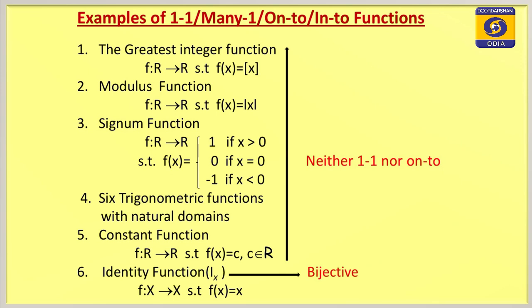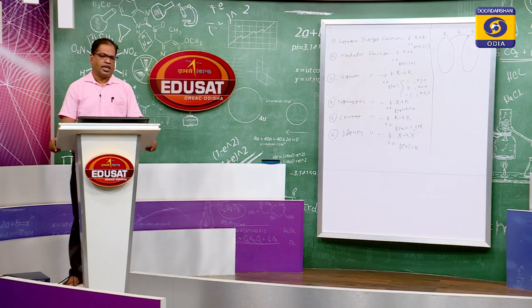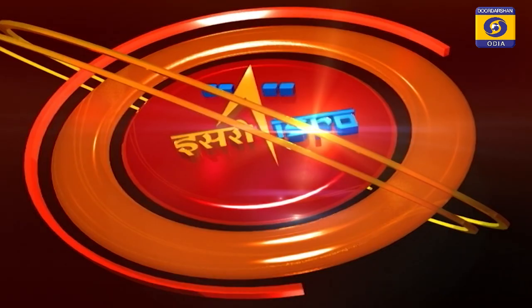And the fourth is the six trigonometric functions with natural domains. Natural domain means we have taken the domain as R. The fifth one is the constant function, and the sixth one is the identity function. We will discuss them one by one on the blackboard.